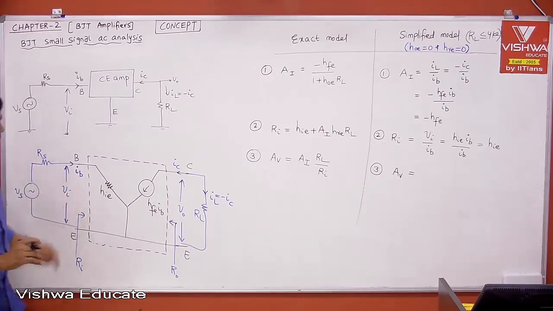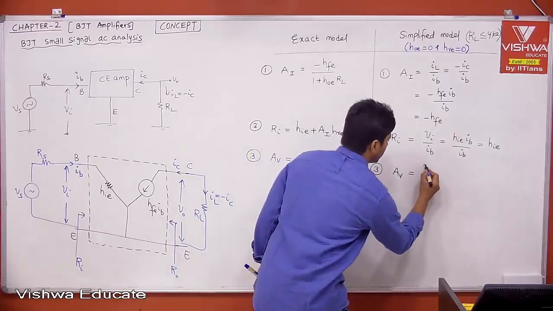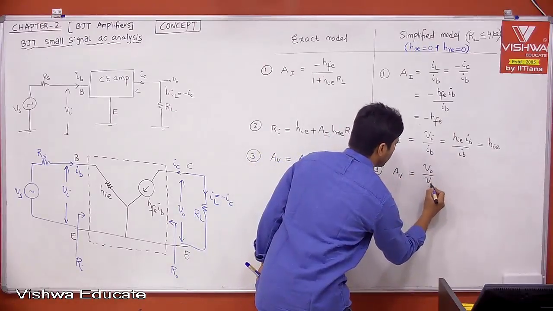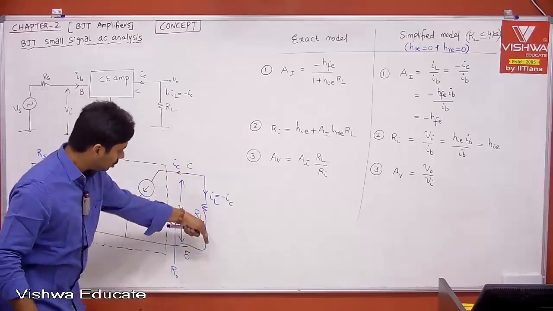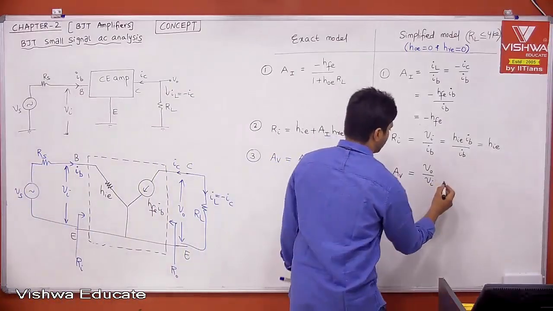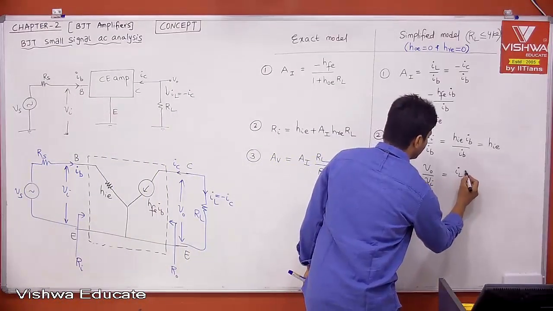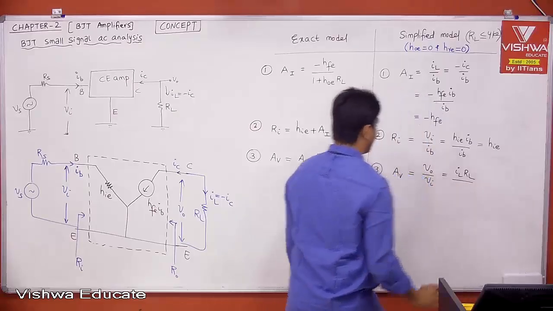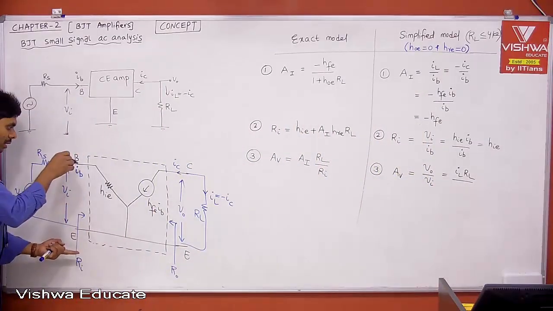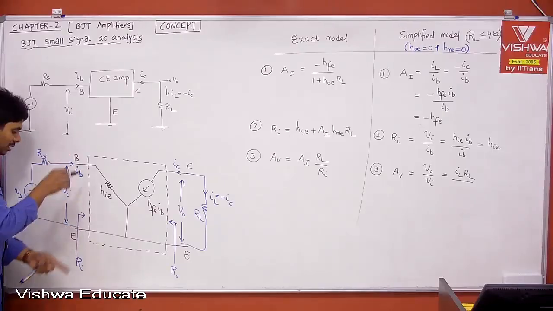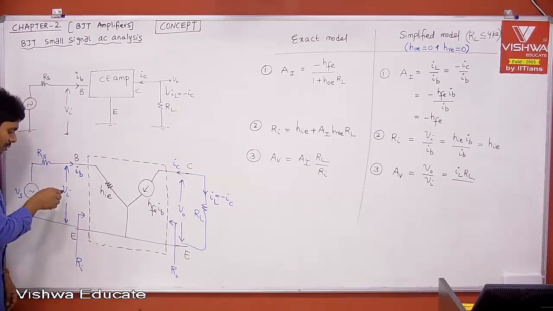Now, the definition: V0 by Vi. What is your V0? V0 is nothing but IL into RL. Then what is Vi? Because we already represented effectively the input impedance, what is Ri?